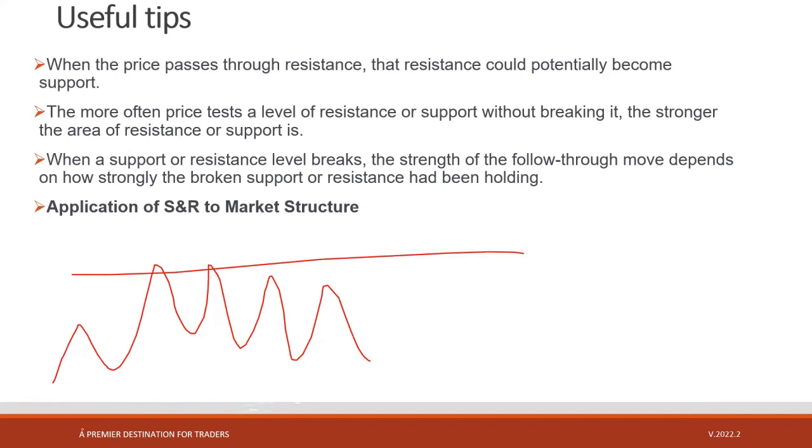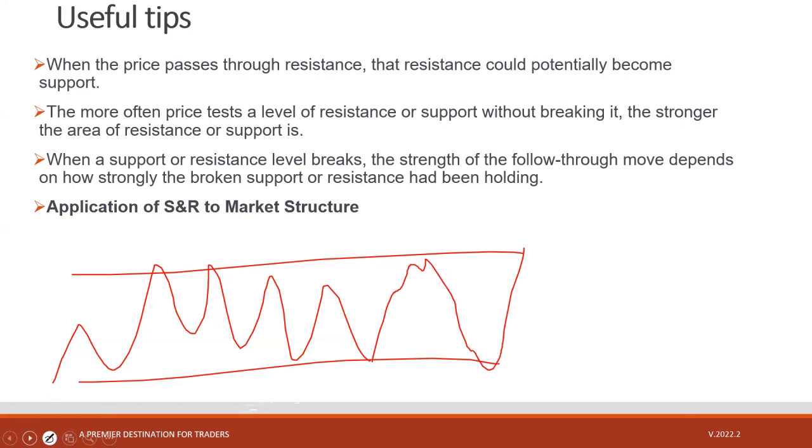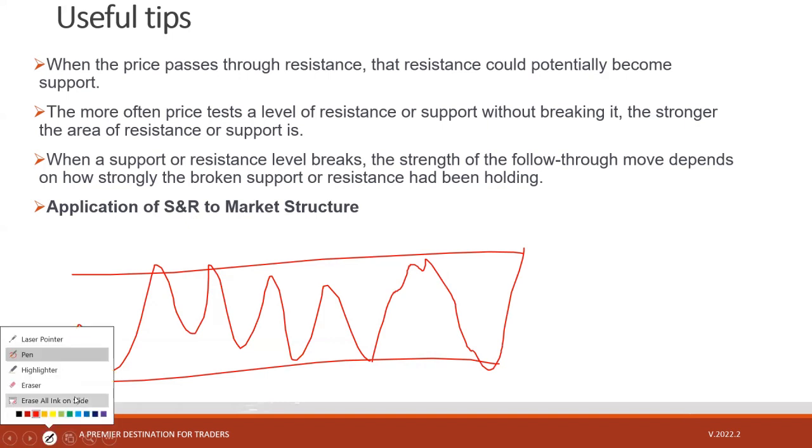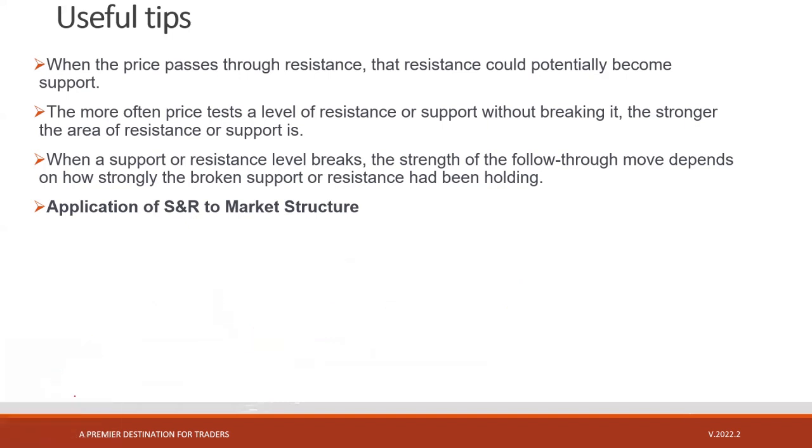Okay, this is resistance, this is support, and then try to sell every resistance and try to buy every support. Well, that sort of trading basically doesn't work in my own experience. What I figured out is, if you look at the market structure, so what I mean is if price is bullish, right?